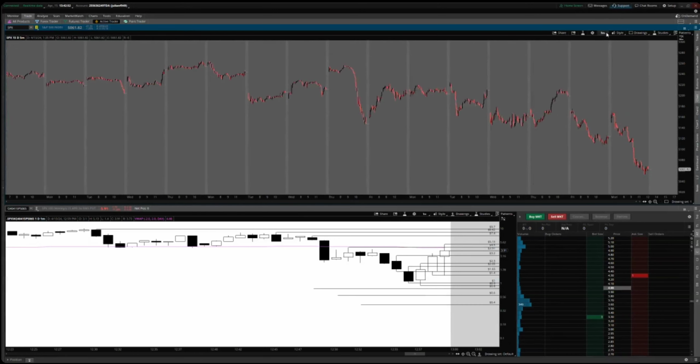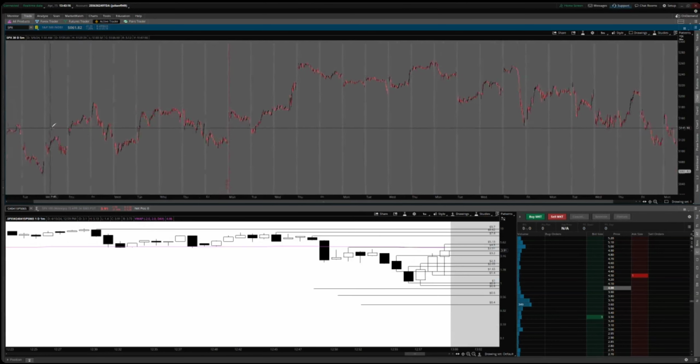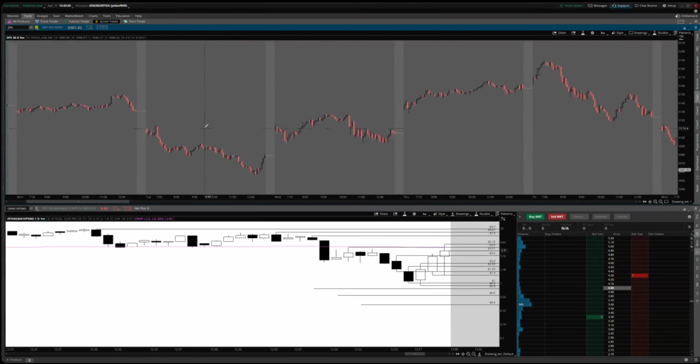So just stick to the 5-minute chart. If you're trying to do some prep beforehand, this method works perfectly. Let's go to this random week so you see it. It just works. So here's Monday.